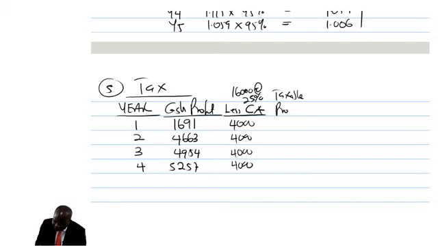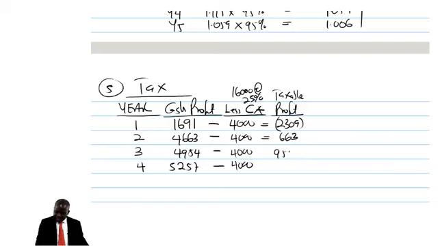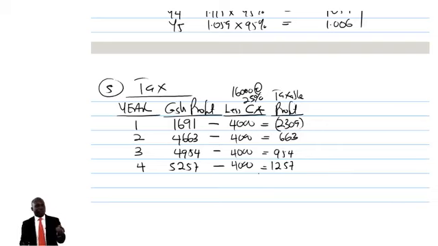My taxable profit is the difference between this and that. 1691 minus 4,000 is giving me a loss of 2309. The difference here is 663, the difference here is 954, and the difference here is 1257.